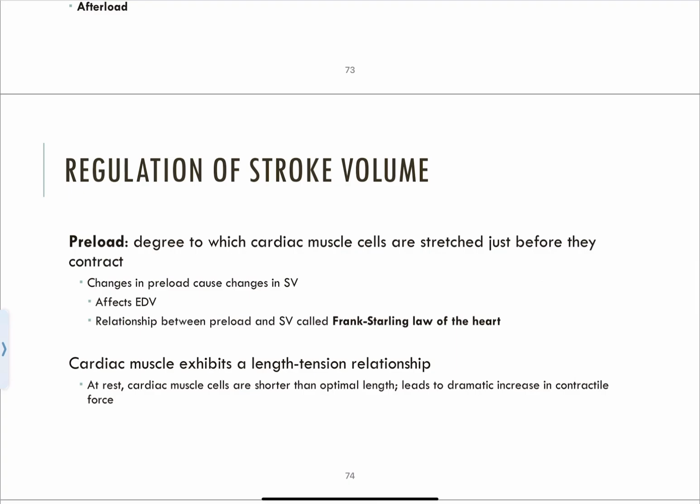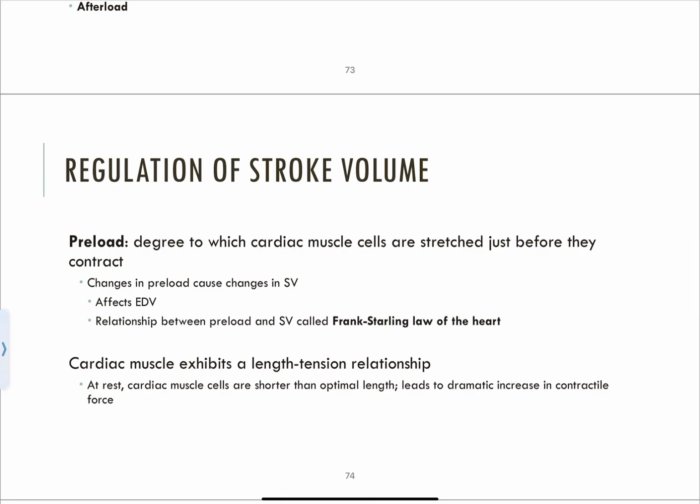If we don't have a lot of preload, that means we do not have a lot of stretch in our cardiac muscle cells. If we don't have a lot of stretch, our ventricles can't stretch as much and they can't hold as much volume. That's why it affects the end diastolic volume, because that's the max volume. It wouldn't affect the end systolic volume because that's after our ventricles contract, and all we have left in there is the remainder blood.